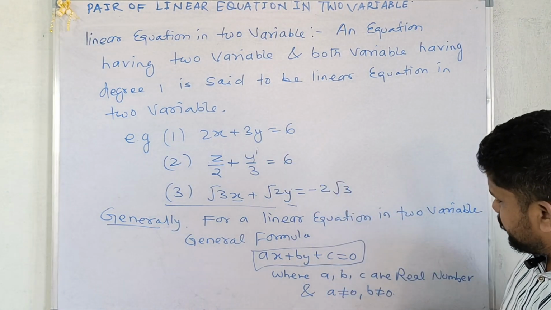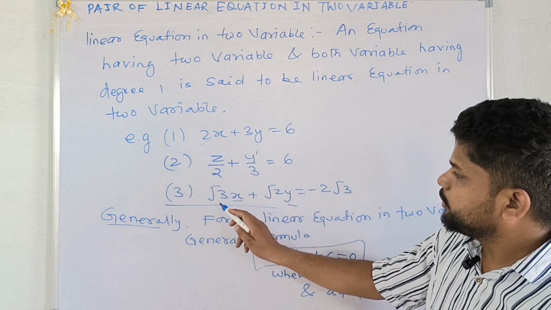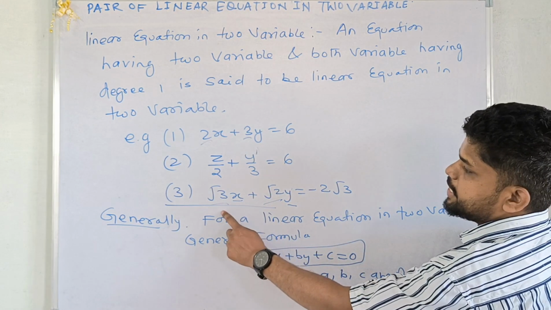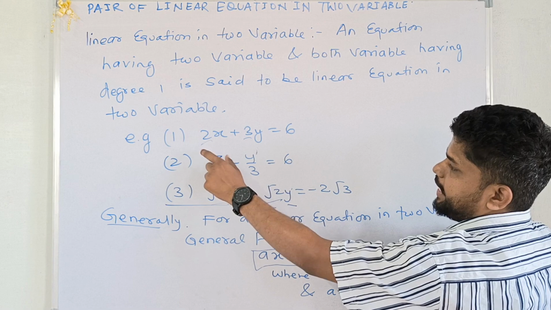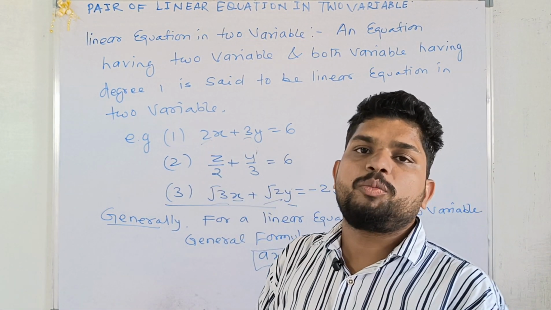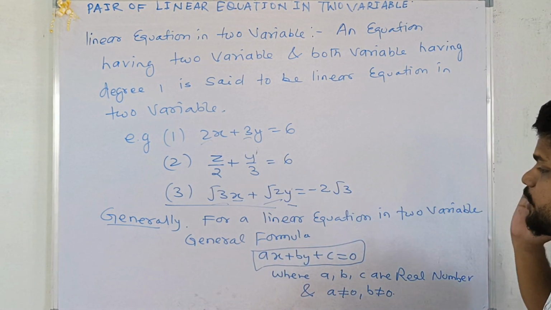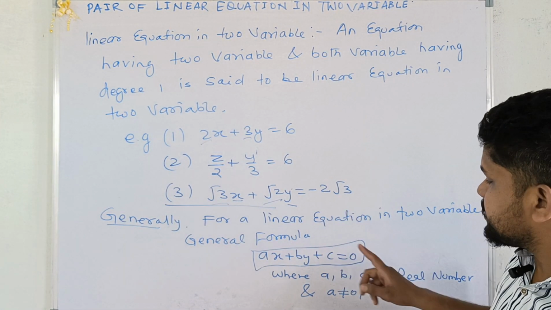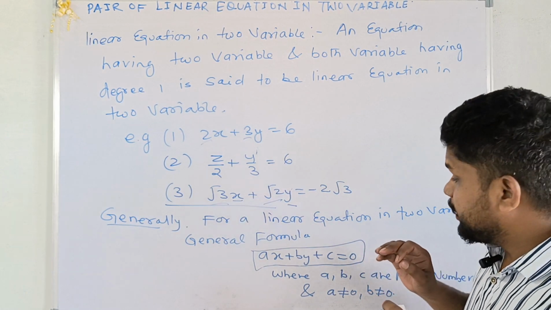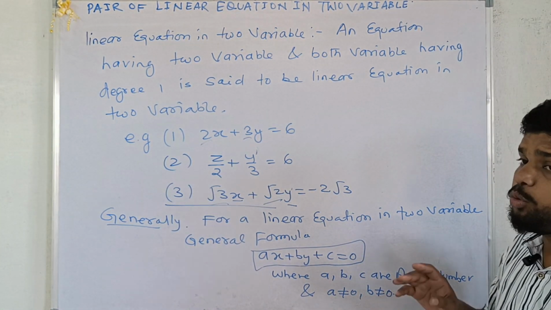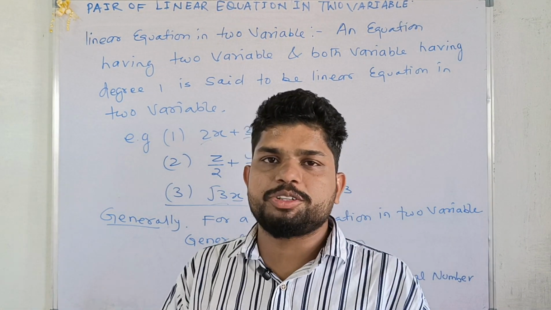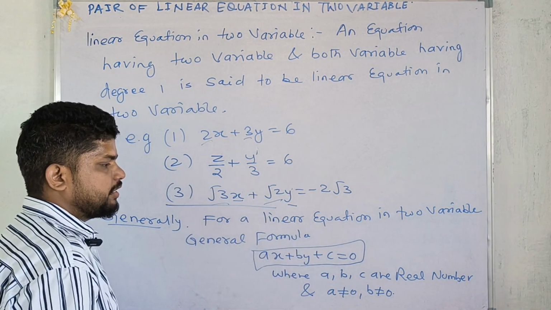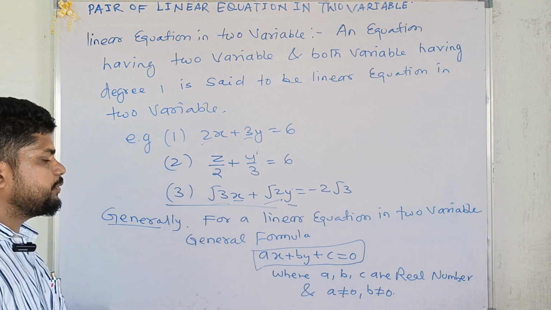Like above, you have seen root 3 and root 2: this is an irrational number, this is a rational number, and we know that a real number is a combination of rational and irrational. So the coefficient of x and the coefficient of y as well as the constant c are real numbers only, and the coefficients of x and y should not be equal to 0. This is the general formula for the linear equation in two variables. Okay, I hope you understood.